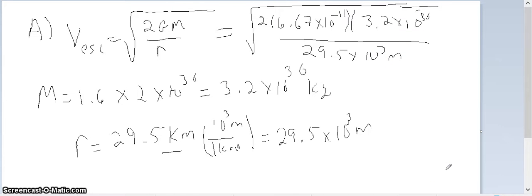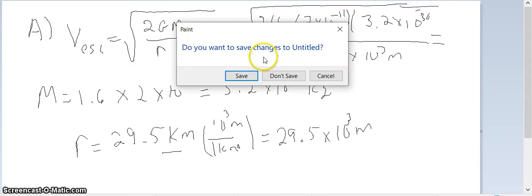All right, so I just put this in my calculator. Let me go to the next screen, sorry. All right, so here we go. So the escape velocity, that's what we're looking for. And remember, it's always in meters per second.